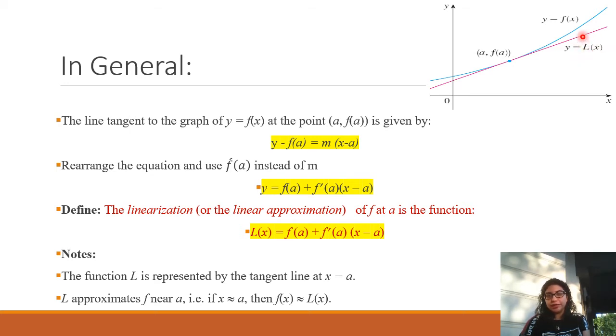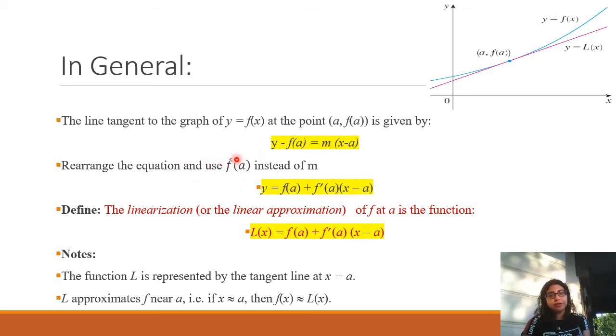L stands for the linearization. If I just want to write the formula of it, it's going to be y minus y1, and y1 here is f of a, equals m, which is the slope, times x minus x1, which is the point A. And then I will rearrange my equation, and instead of using m, I will use f dash of a.